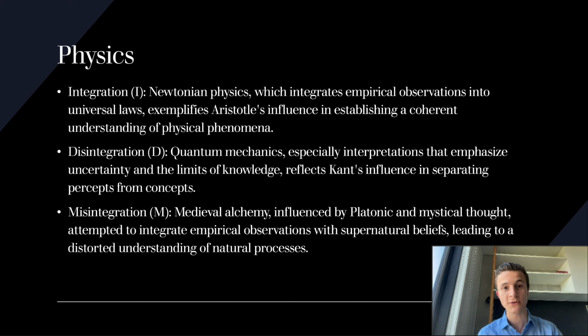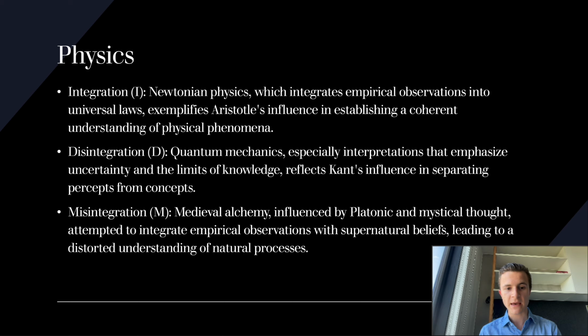It just means we don't know, but it is somewhere. There is an answer to that question. In any case, quantum mechanics, especially interpretations that emphasize uncertainty, such as I was just discussing, and the limits of knowledge, reflects Kant's influence in separating percepts from concepts. So that's an example of D in physics.